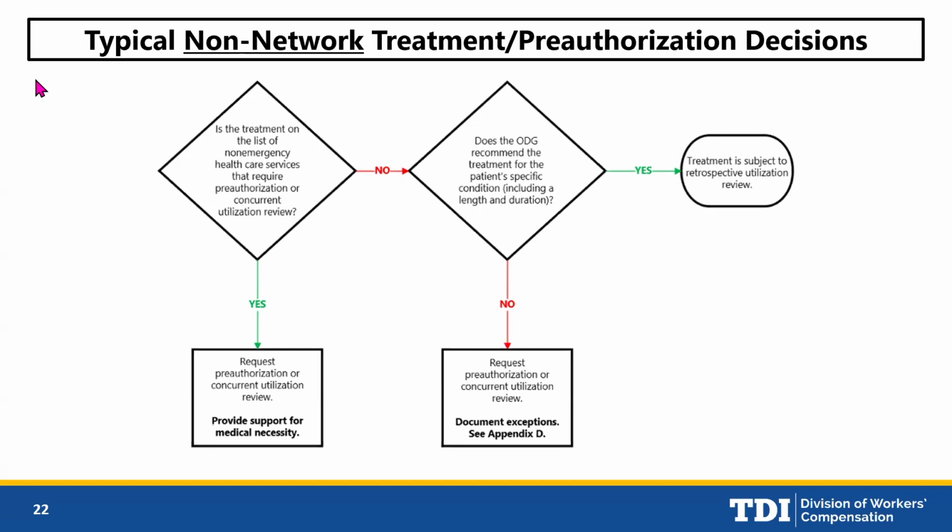Always support every service you provide with documentation. If it's no, does ODG recommend that treatment? If they do, then you don't need pre-auth and it's subject to retrospective review. If the ODG does not recommend that treatment, then you need to request pre-authorization or document exceptions if it's an exception to the ODG there. So it's just a decision tree for your staff, a graphical illustration here for you.